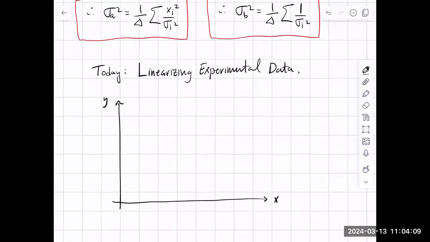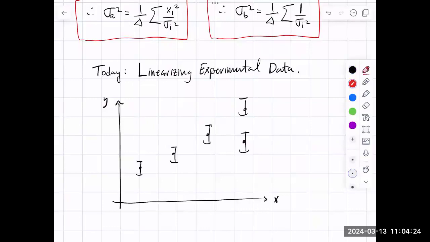Let's suppose that we have a set of data where we've measured y as a function of x, and then we have some error bars on our data points. Maybe it looks something like that. Then we're going to try to put a straight line through our data, and maybe our straight line looks something like that. The equation of that straight line is y equals an intercept plus a slope times x.